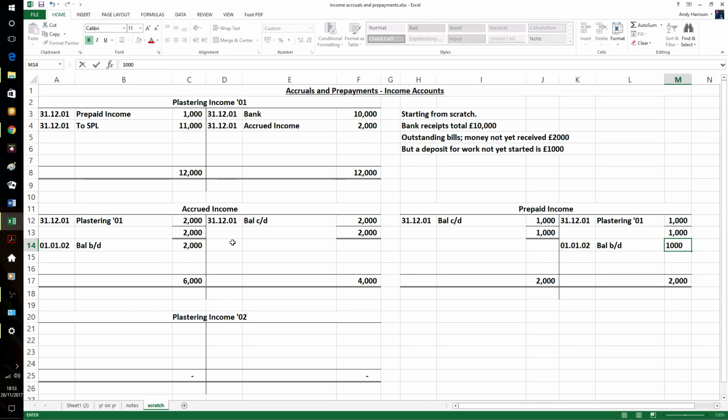So we brought down and carried down the balance, and now we'll transfer them, we'll reverse them into next year's, year two's plastering income. So that clears that, and of course we'll do the double entry first.